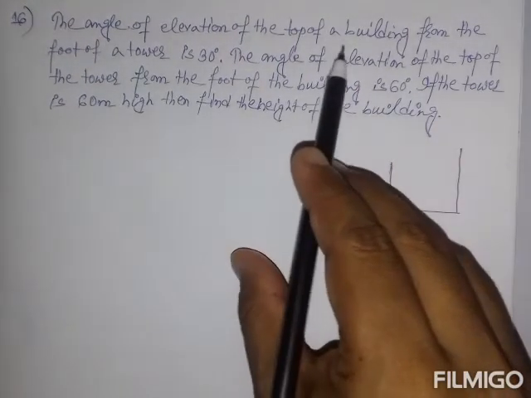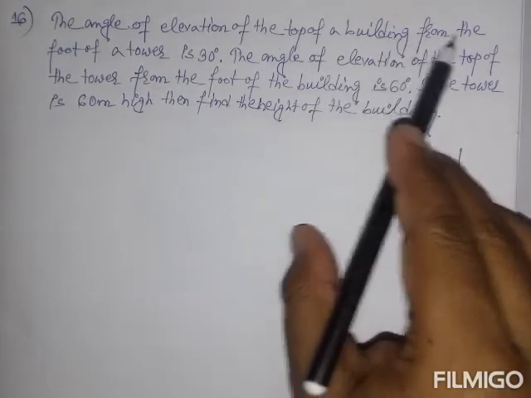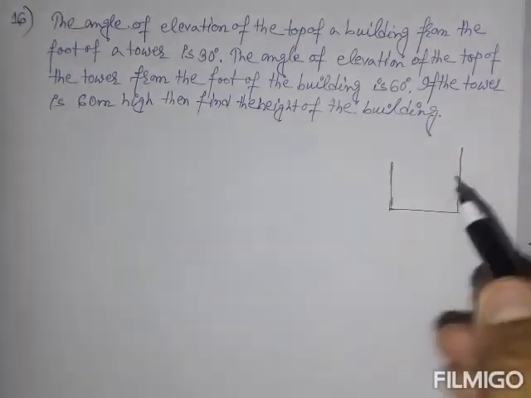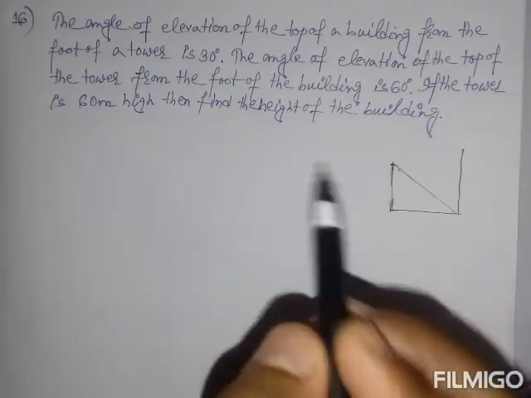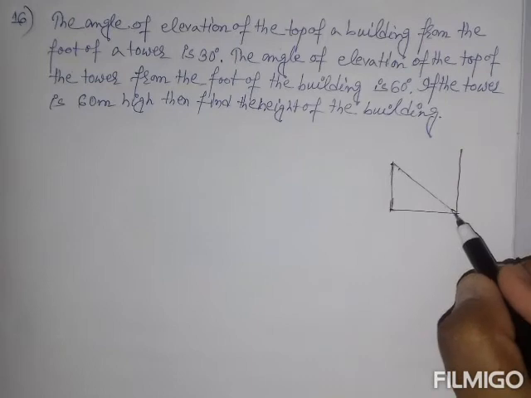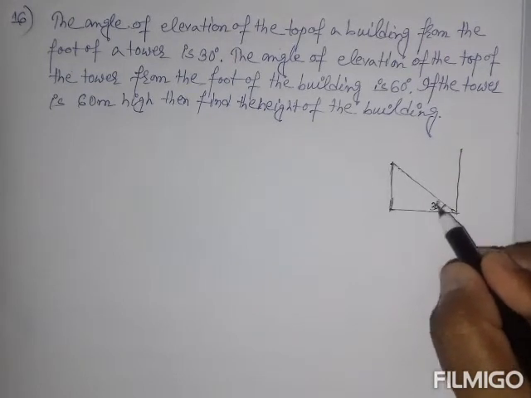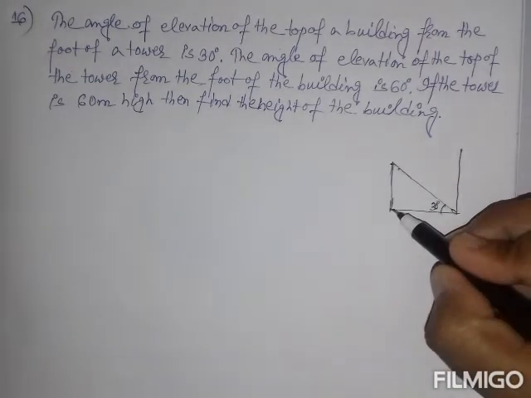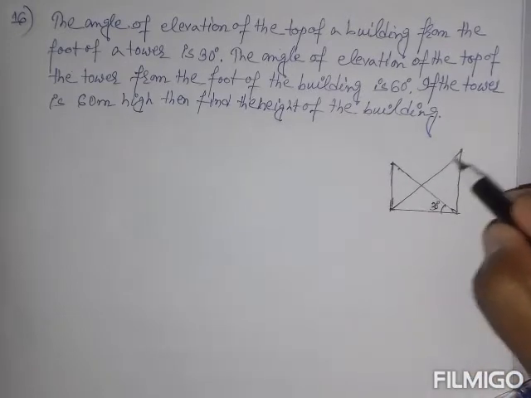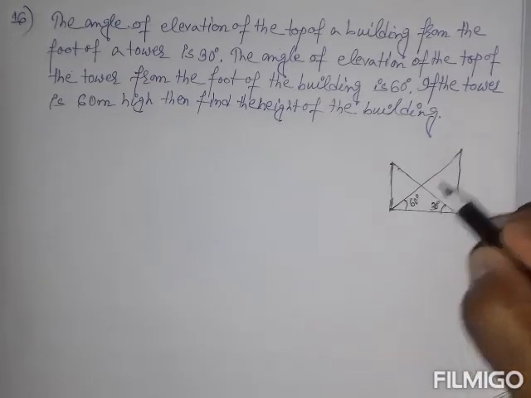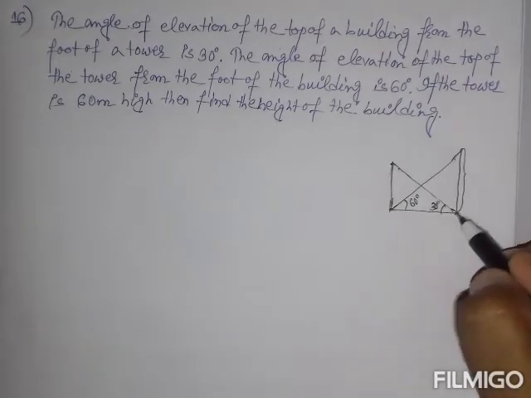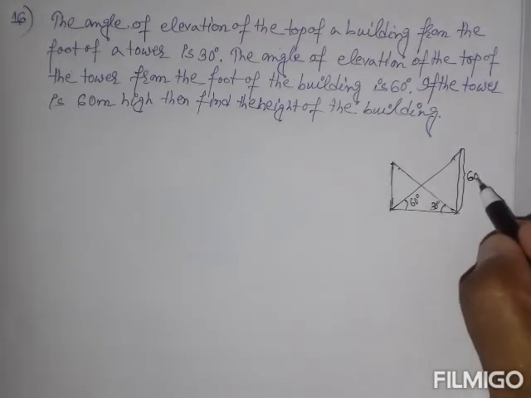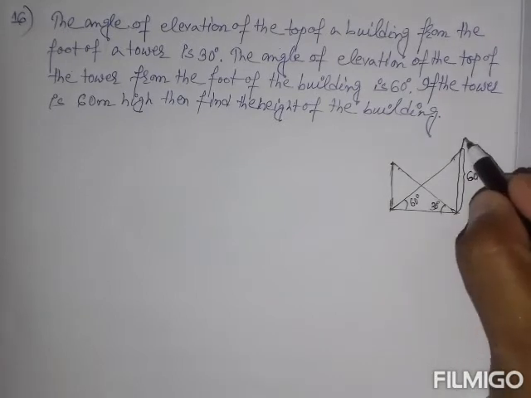At first, the top of the building from the foot of the tower is 30 degree, and the top of the tower from the foot of the building is 60 degree. The height of the tower is 60 meter.